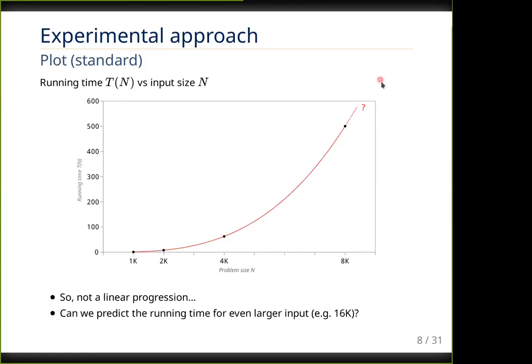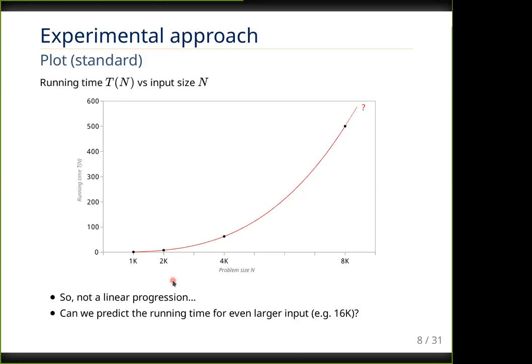Ideally, I would want to be able to predict the running time for an input which I haven't tried yet. For example, if I wanted to feed an input of 60,000 integers, how much time would it take? Unless I run the simulation, or unless I find the equation behind this curve, I don't know. So how could I know?